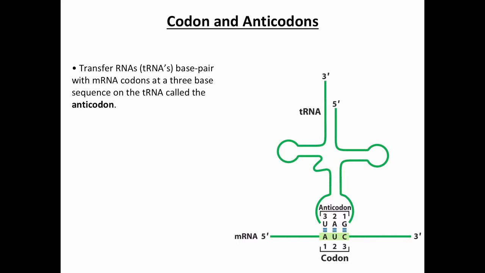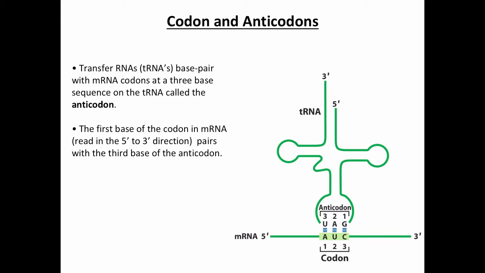Transfer RNAs or tRNAs, this is a diagram of their structure. They are going to base pair with codons through these anticodons. It's a 3-base sequence that's located in this bottom stem of the tRNA.